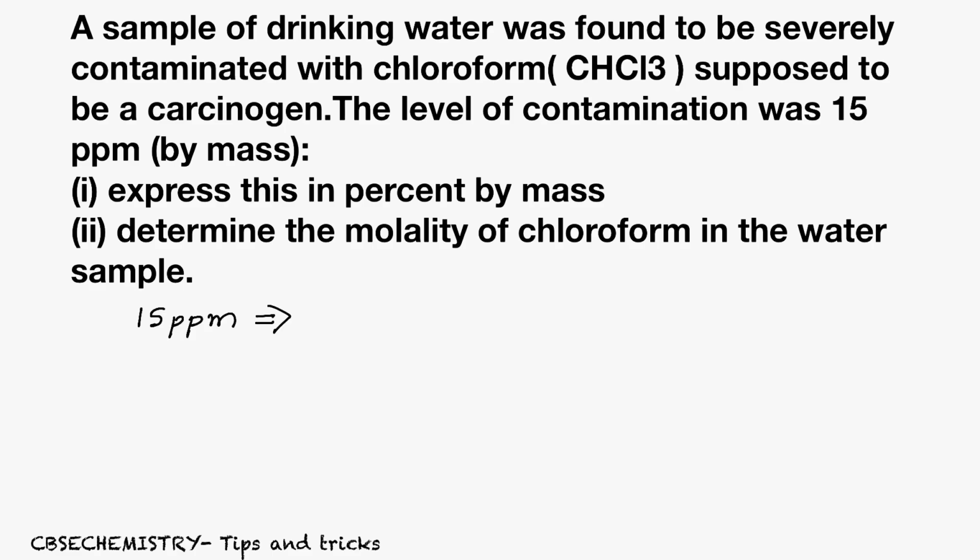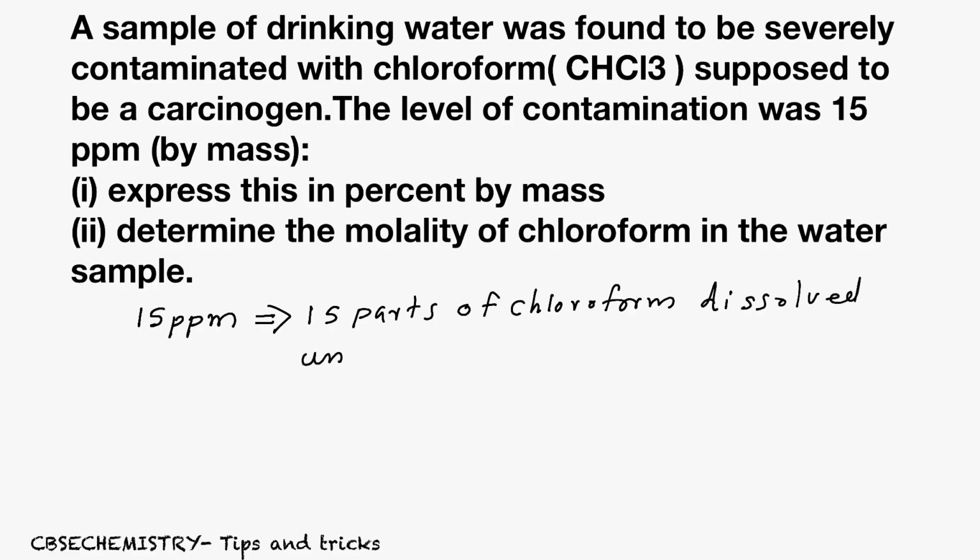15 ppm chloroform means 15 parts of chloroform dissolved in 1 million, 10 raised to 6 parts of water. Correct, right? Here solvent is water.